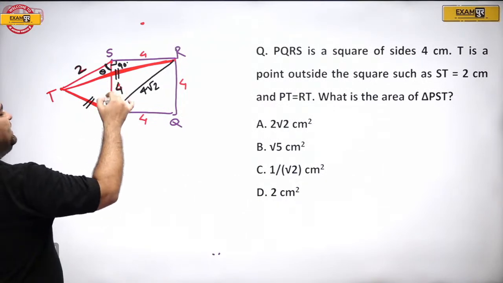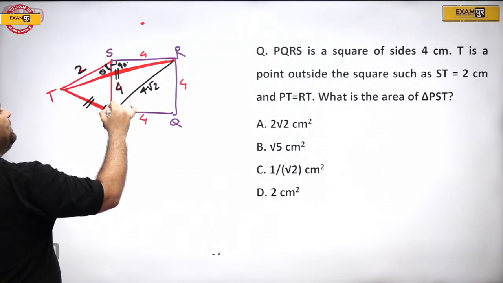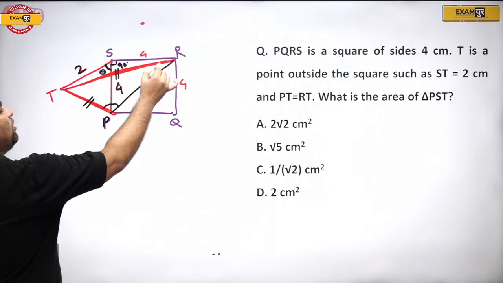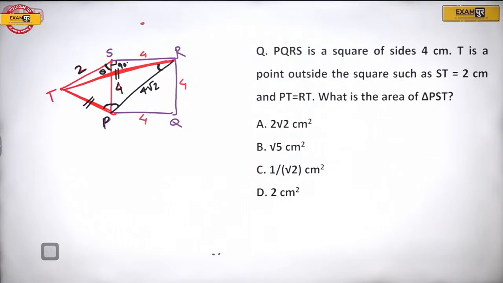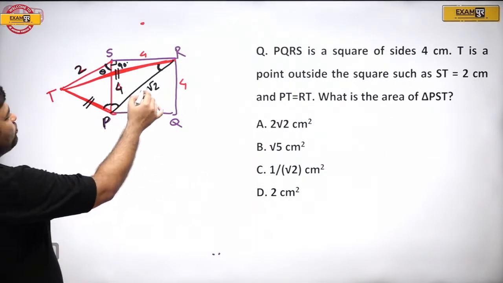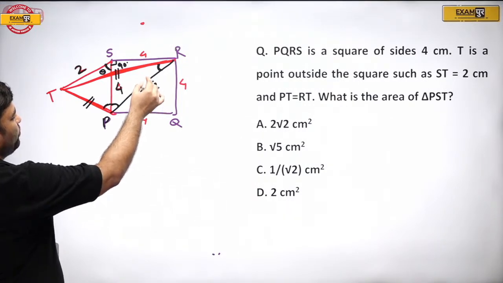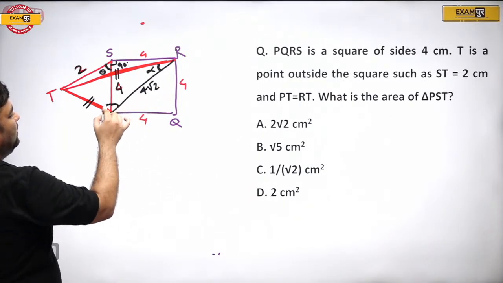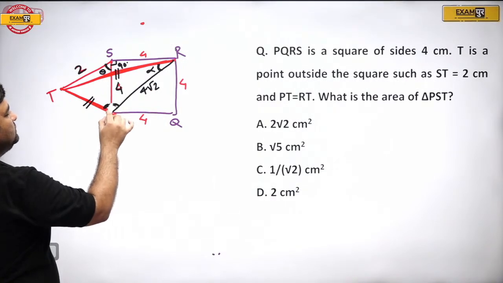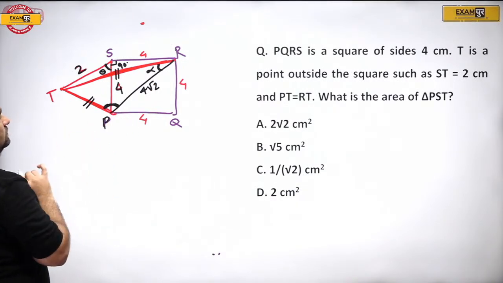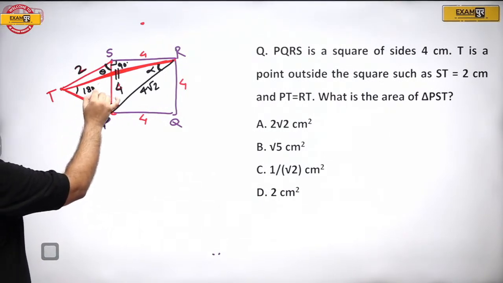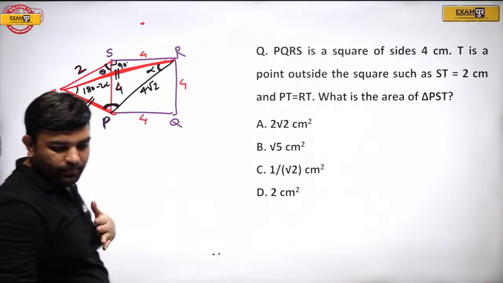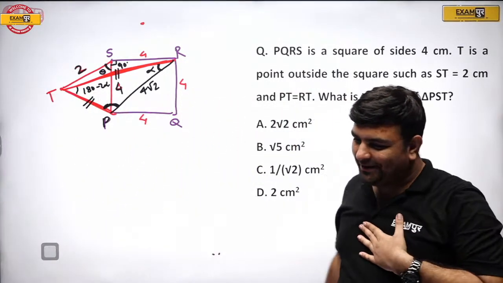If these two sides are equal, the angles opposite to them are also equal: alpha, alpha, and 180 minus 2 alpha.